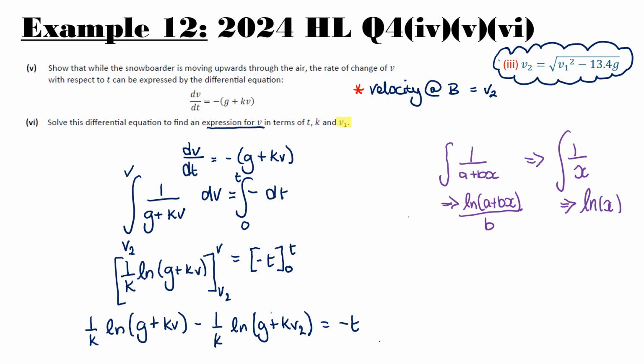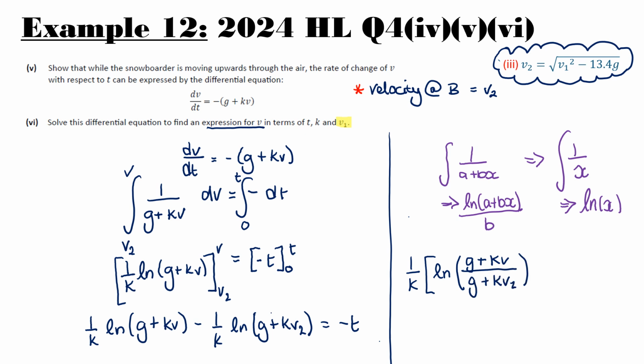We'll plug that in a minute, but we want to get v on its own. So first thing I'm going to do is pull out that 1 over k in front, and then use my laws of logs to bring these two together. I get g plus kv all over g plus kv2, and that's equal to minus t. I'm then going to bring that k over: natural log of g plus kv over g plus kv2 equals minus kt.